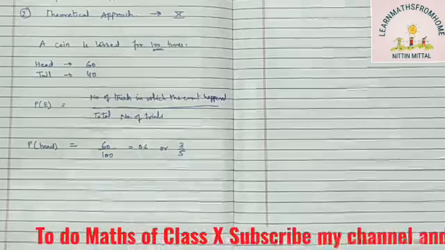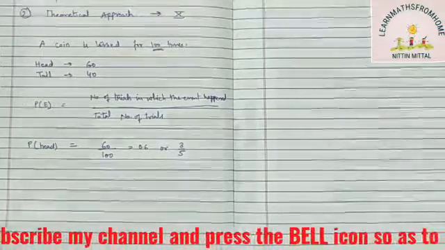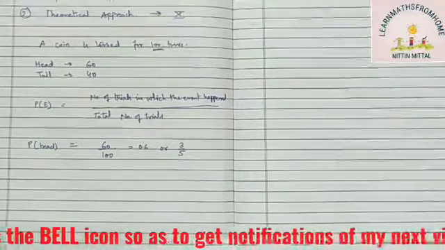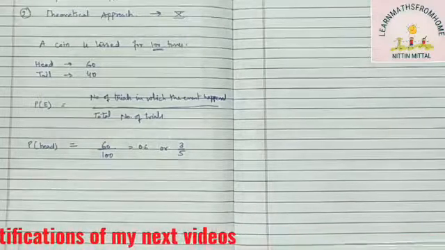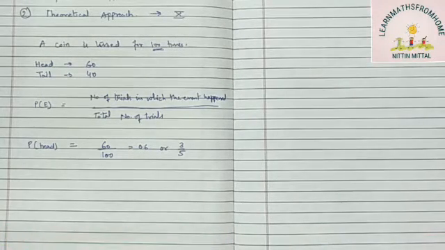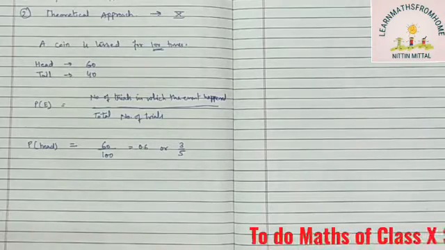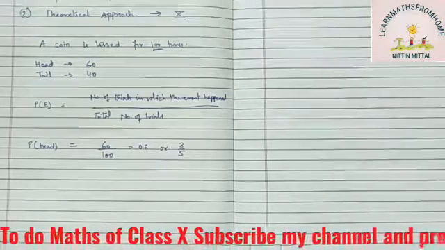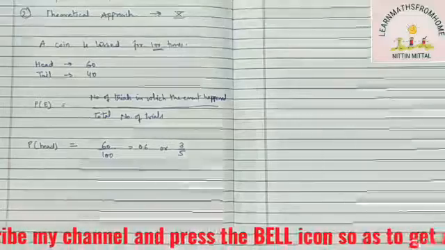So an experiment which, when repeated under identical conditions, does not produce the same outcome every time, but the outcome in the trial is one of the several possible outcomes, is known as a random experiment.